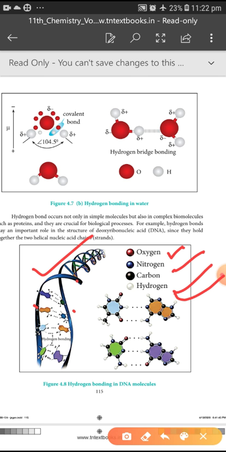See the structure. This is a nitrogen compound, oxygen, carbon and hydrogen. Here the hydrogen bond between the molecules, that is intermolecular hydrogen bond.